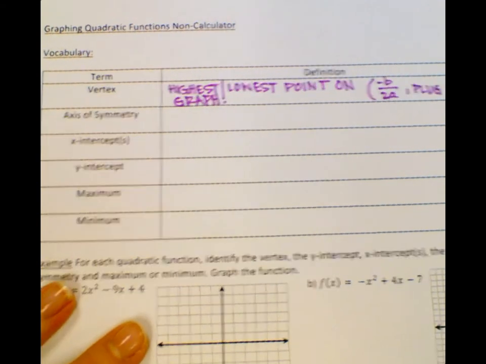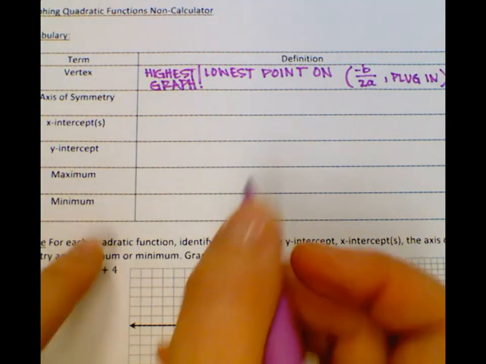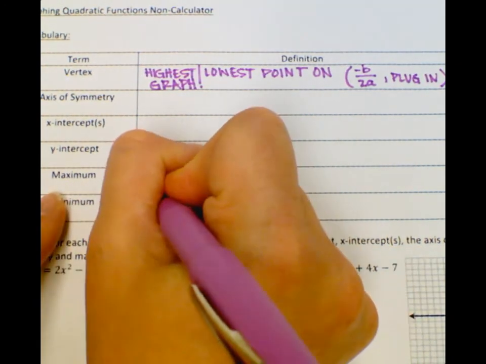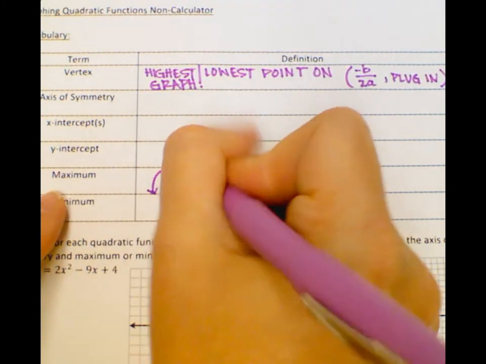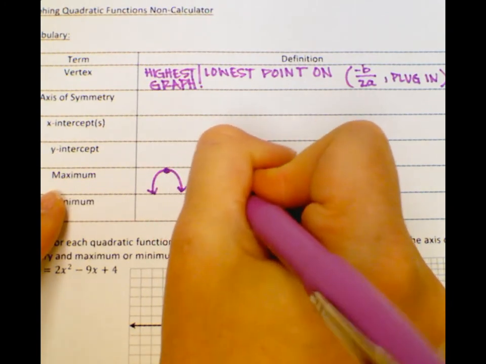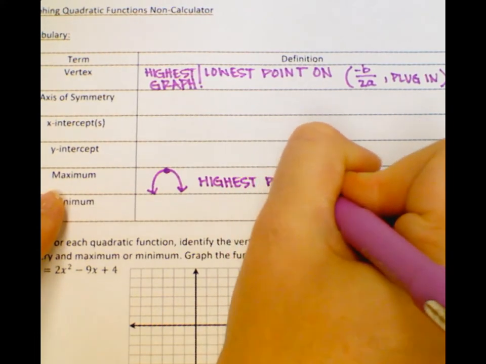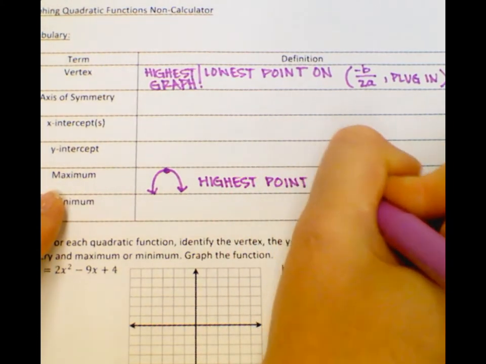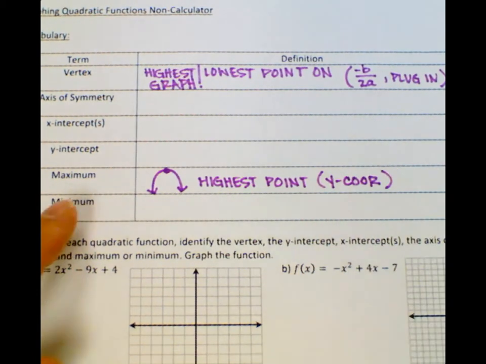Let me scoot this over a little bit. All right, so again, it's the highest and lowest point on the graph. Let's scoot down to the bottom. So your maximum is this highest point, but it is the y-coordinate, because remember, the height of your graph is the y-coordinate.